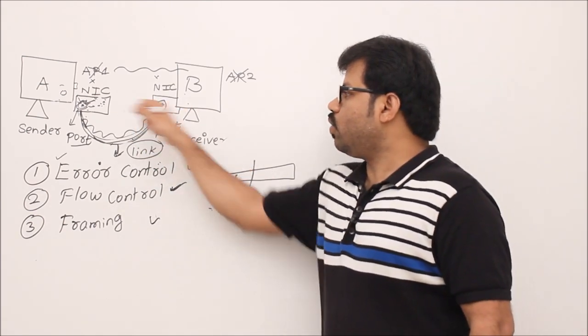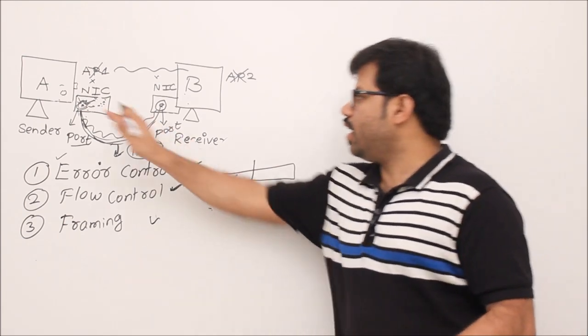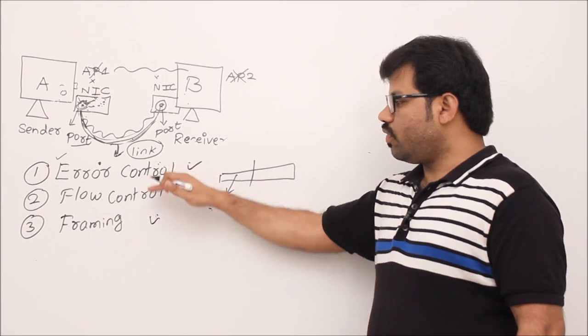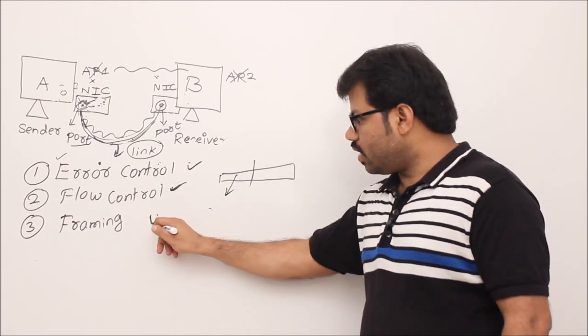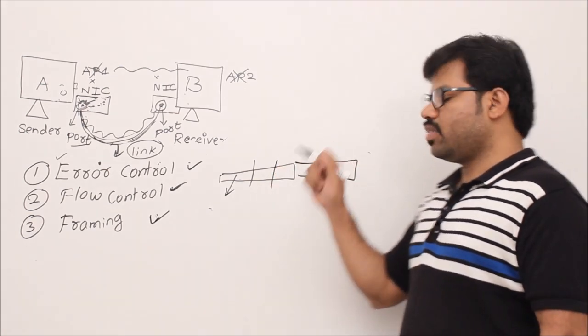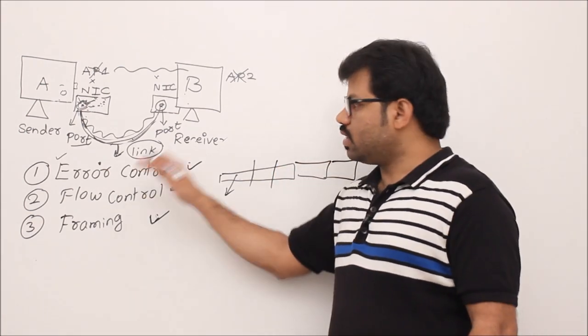So this is link to link communication. Whenever you have link to link communication, you face various problems, so we are going to solve them. In that, one thing is framing. So we divide the message into multiple parts, framing. So framing is done in this data link layer.